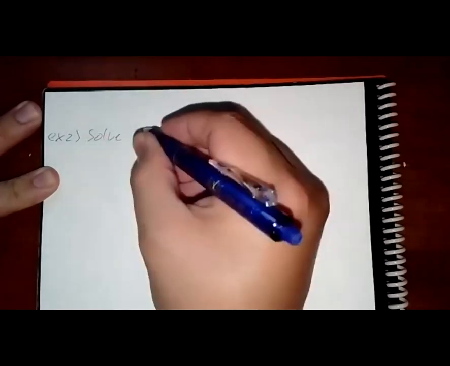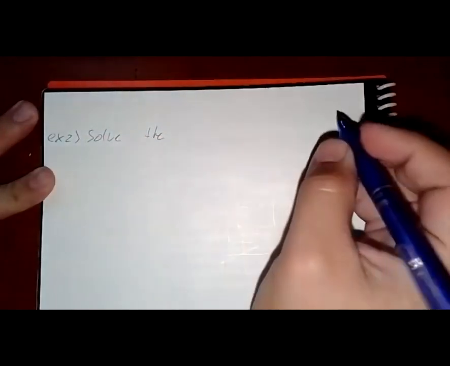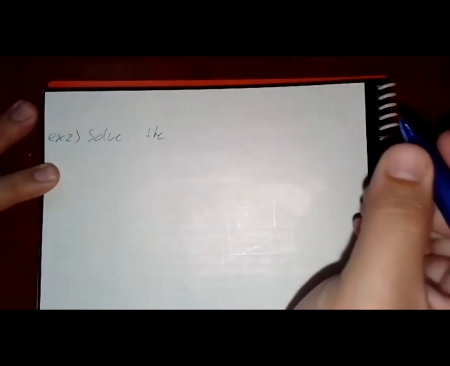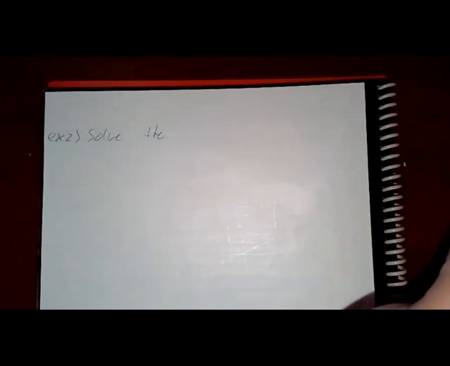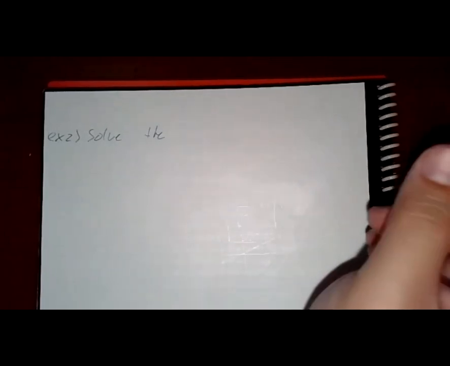Do one more easy one, then we'll move on to the homework. So what I recommend, even though they don't tell you to solve for one period, just go ahead and solve it for one period. That way you can just tack on the n pi, I guess.